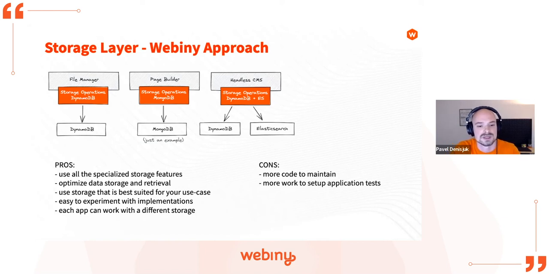And then you just grab a TypeScript interface and you implement your storage layer yourself, and then just replace it in your GraphQL function setup, and it will just work. Because we just ask from your implementation to respect our interface, and that's all we care about. The cons of this approach is that there is more to maintain.